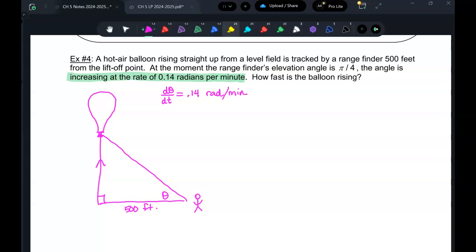And what do we want to find? How fast is the balloon rising? We need another variable. Want to use h again? That's fine. So we want to know what dh dt is.